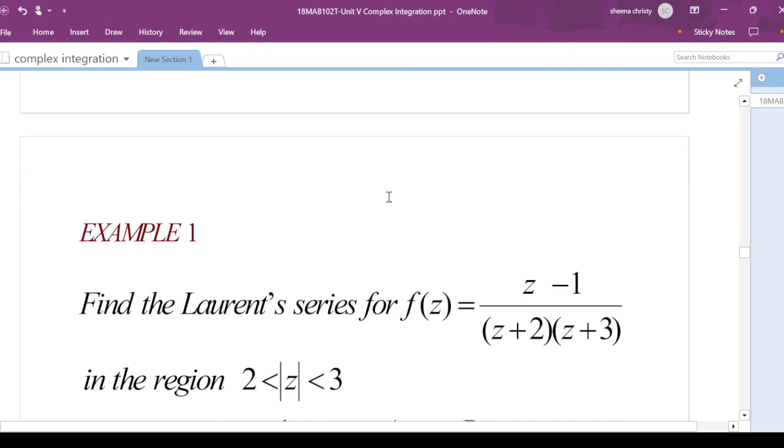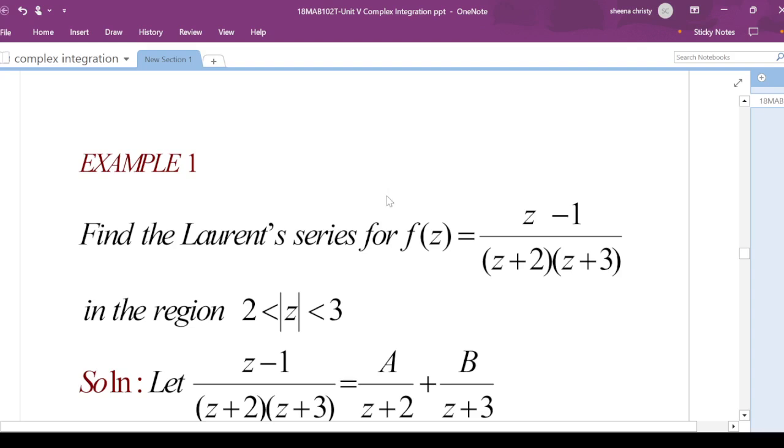Find the Laurent series for the function f of z equal to (z minus 1) by (z plus 2)(z plus 3) in the region modulus of z lies between 2 and 3.